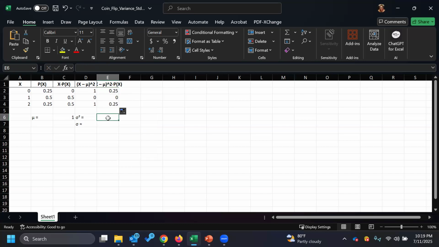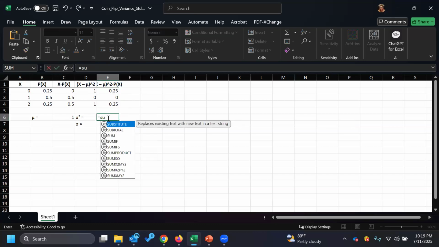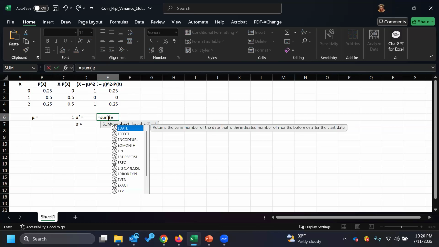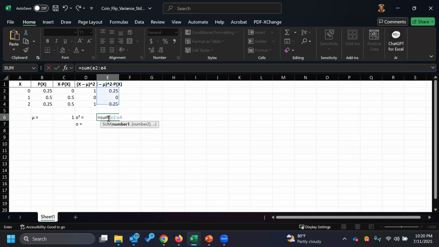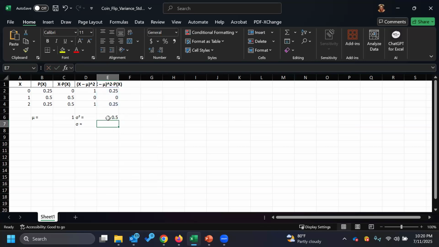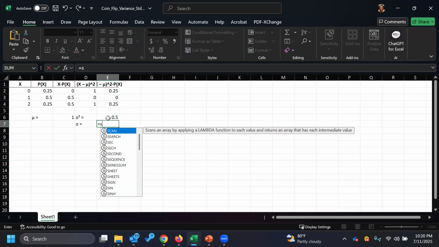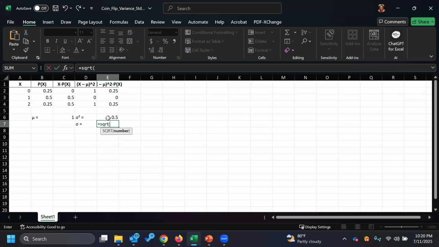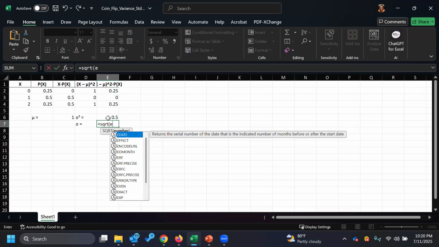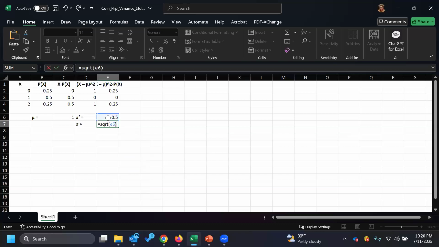So our variance would be the sum E2 to E4. And the standard deviation would be the square root of that variance. And there's our 0.707 that we found in the slides.